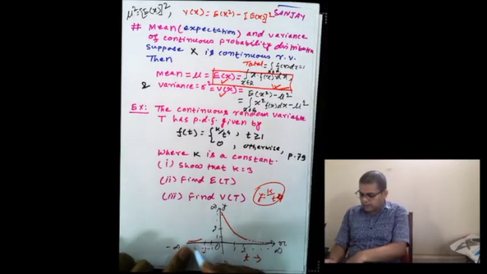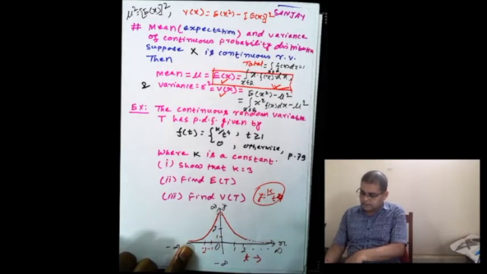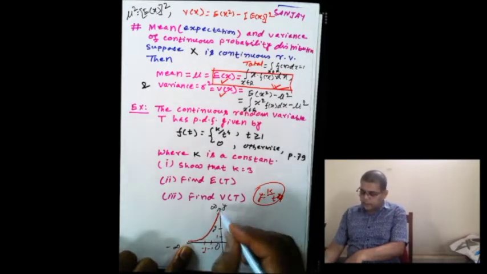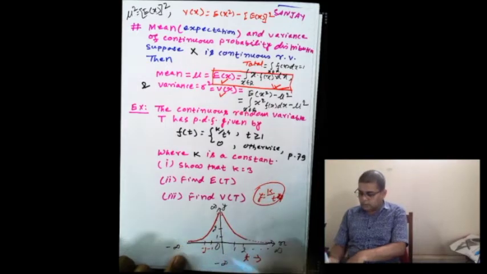And similarly, if from left to right you go here, it will go nearer and nearer to the y-axis, but it will never touch the y-axis. That means from the left side also it will show the asymptotic nature mathematically about the y-axis and also about the x-axis.